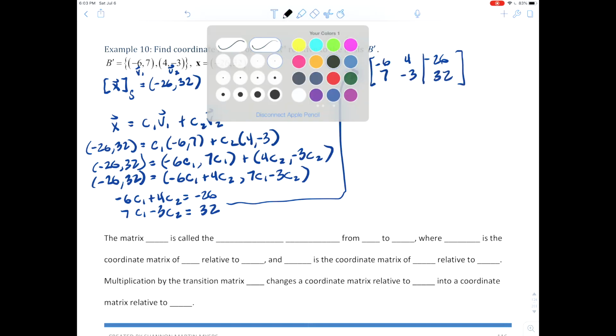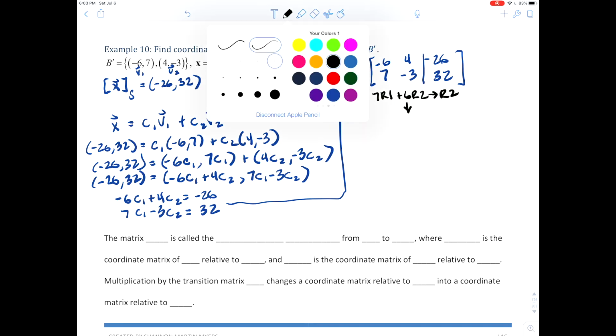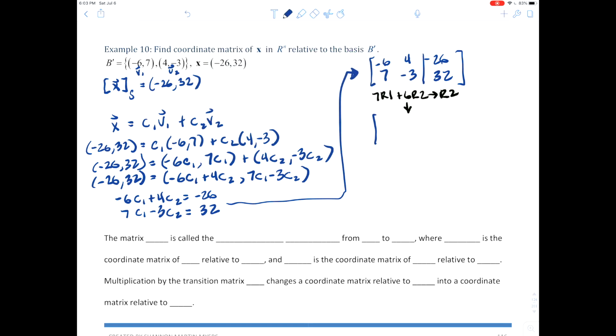And so if I did 7 row 1 plus 6 row 2 for a new row 2, I would have negative 6, 4, negative 26. And then my new row 2 would be 0, and that'd be what? 28 minus 18 is 10.